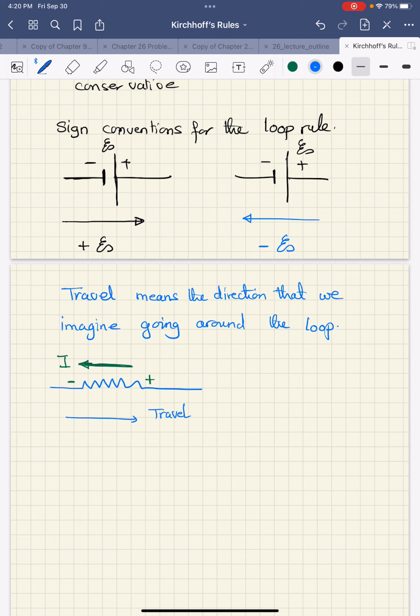Then the potential difference is plus IR. Now if I have that resistor again, and this is negative, this is positive, and the green is the current, but I am traveling in the opposite direction, then for the potential difference I write negative IR.